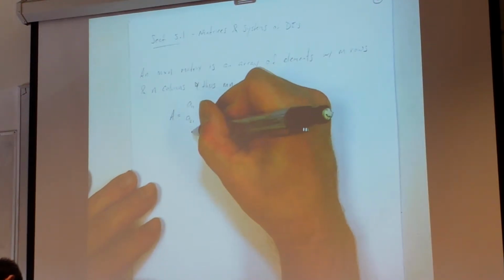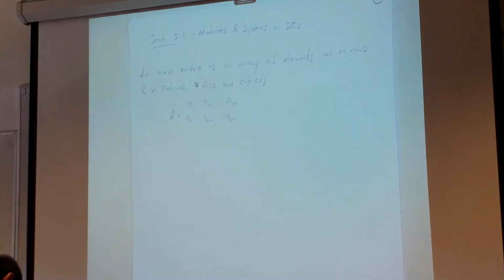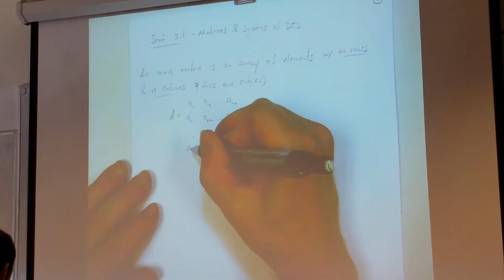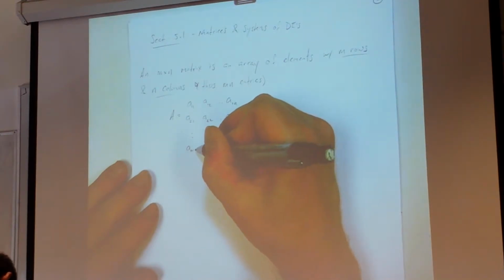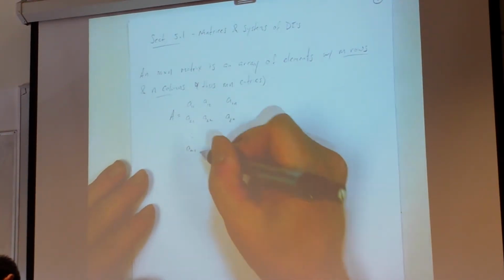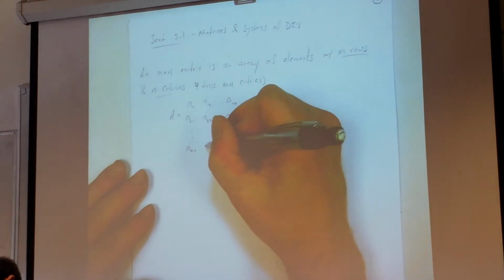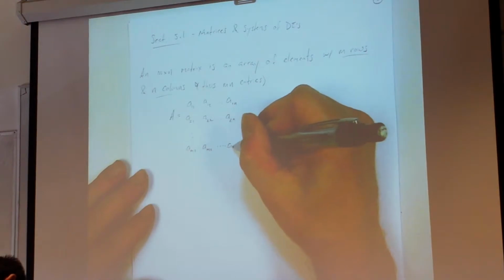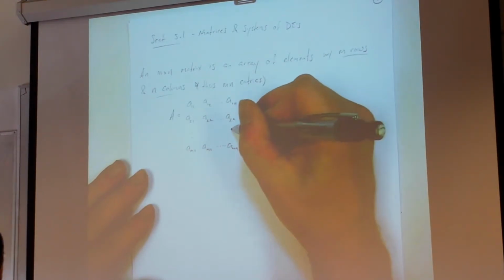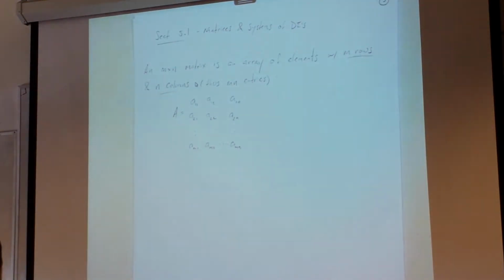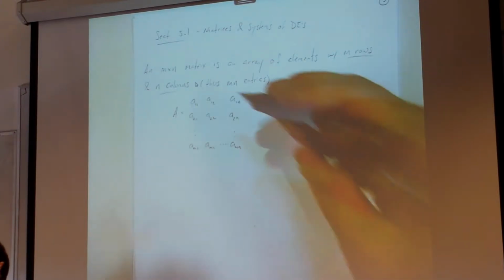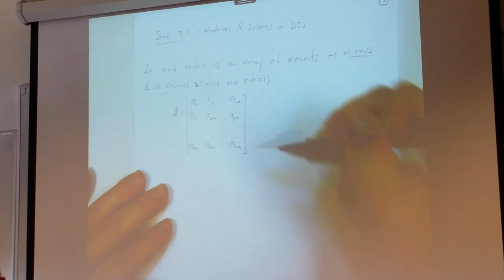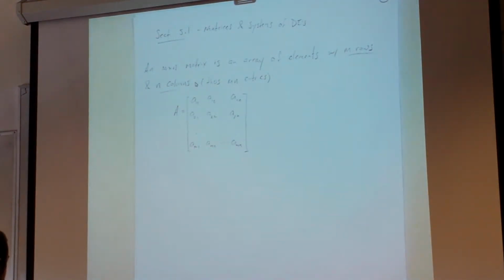And this is just general, we don't know how many rows there are. So say there's M rows, this would go down to the mth row, so Am1 would be mth row, first column. A sub m2, dot, dot, dot, all the way out to A sub mn. So you've got M rows, N columns, and we usually put brackets around it to make a matrix, okay?